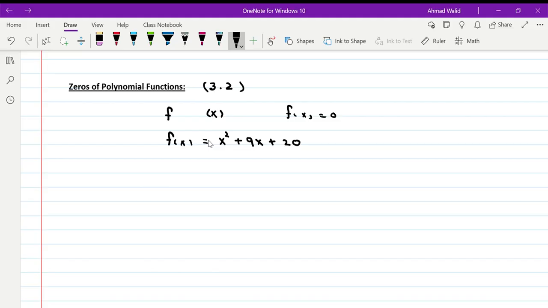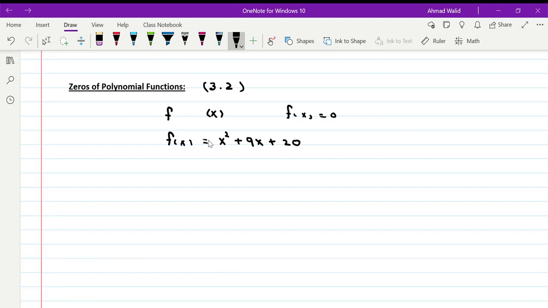In the second way of explanation, the zeros of a polynomial function are actually the solutions of that function equation. If instead of a function, you make this an equation, the zeros of your function are the solutions of your equation.